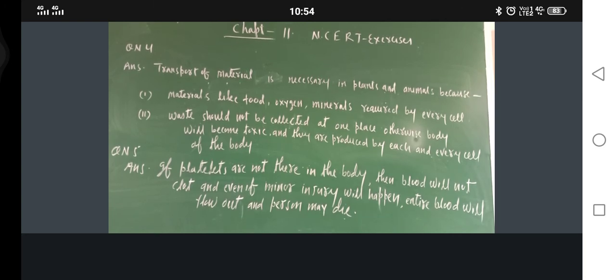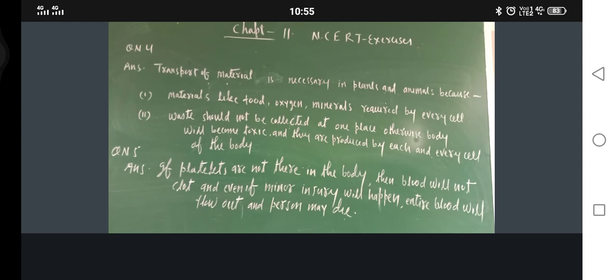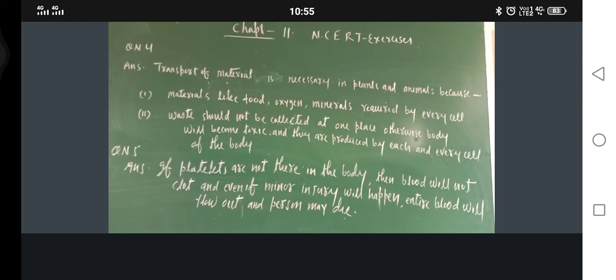The entire heart cannot be replaced because the veins and arteries are connected with the heart. If the heart is replaced, those veins and arteries will not be connected. Heart can be replaced, but if the arteries and veins are not connected, then how will the heart work? That is why it is a very important organ of the body. It is connected with so many arteries and veins.